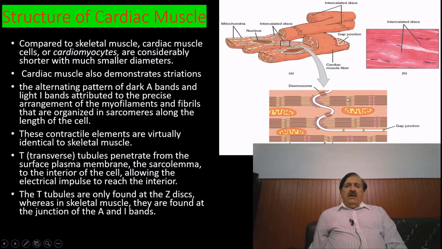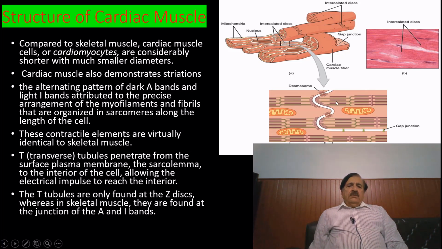This is the Z line, you can see, and the T tubules in cardiac muscle are present at the level of Z lines, while in skeletal muscle these tubules are present at the I band and A band.